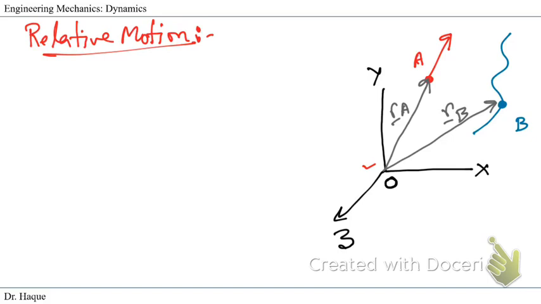If someone wants to know the relative position of B with respect to A, while A is also moving at the same time, it's easier if we have another axis system, x prime, y prime, and z prime.